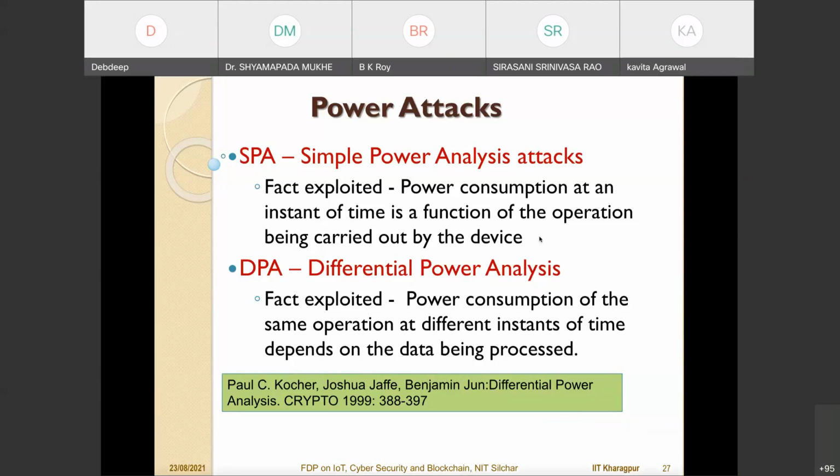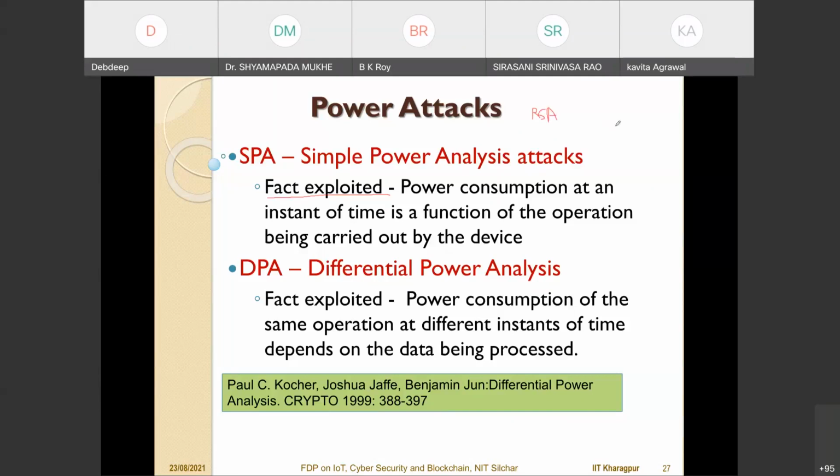Let me give an example to illustrate this point. Imagine you have an algorithm like RSA; without loss of generality, I'm just giving an example.